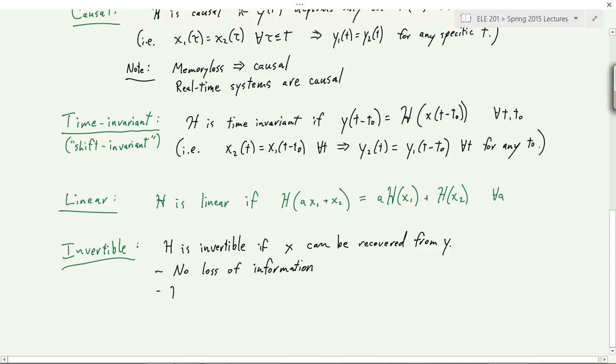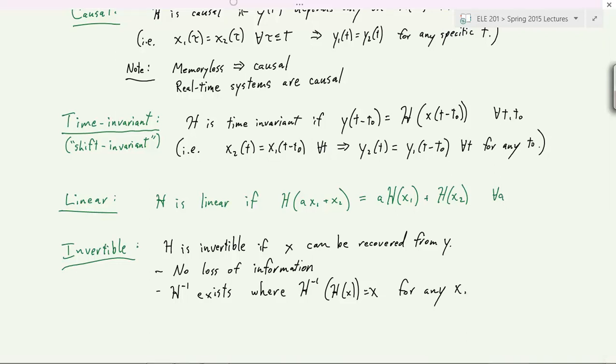Another way to say this is that there's an inverse system, H inverse, that exists, where H inverse of H of x equals x, of course, for any signal x. So that would be what we call invertible.